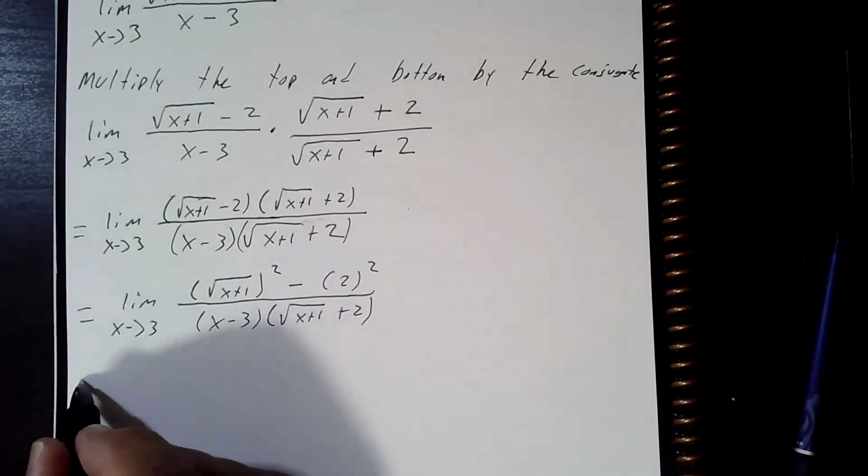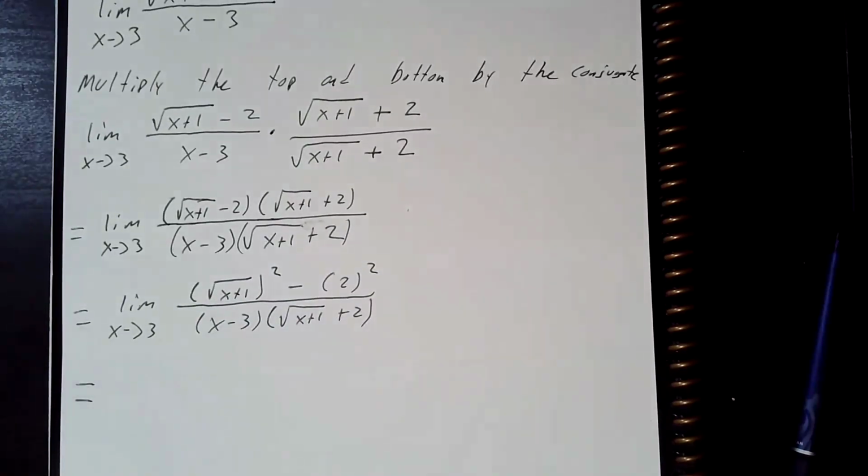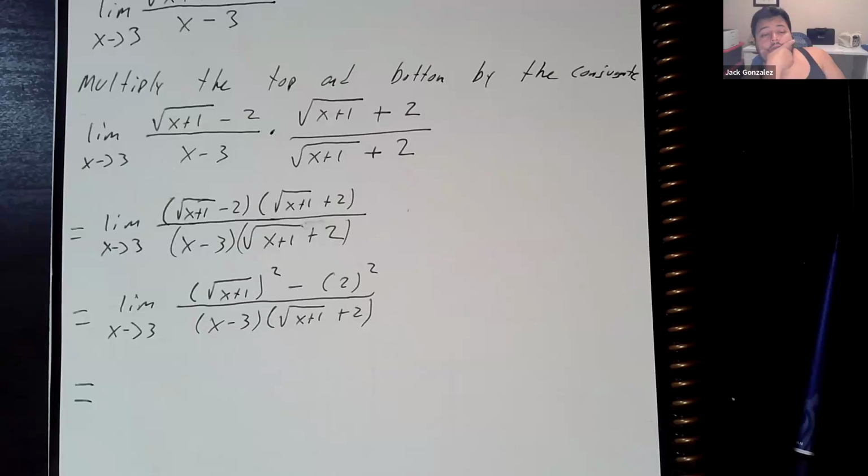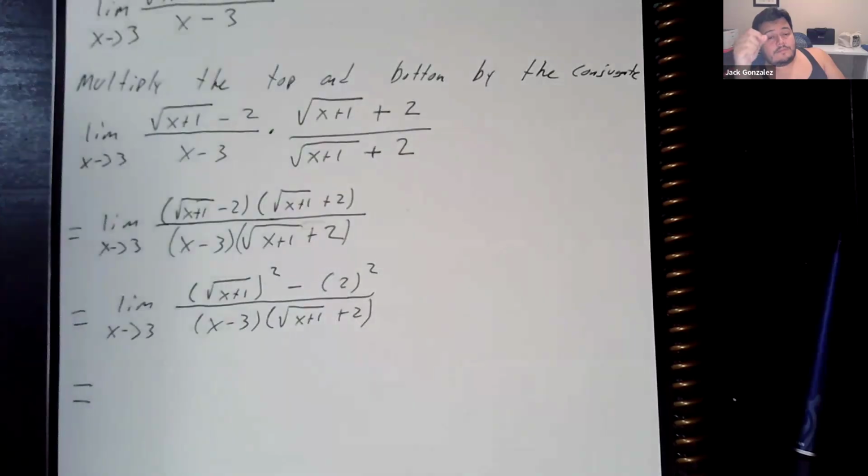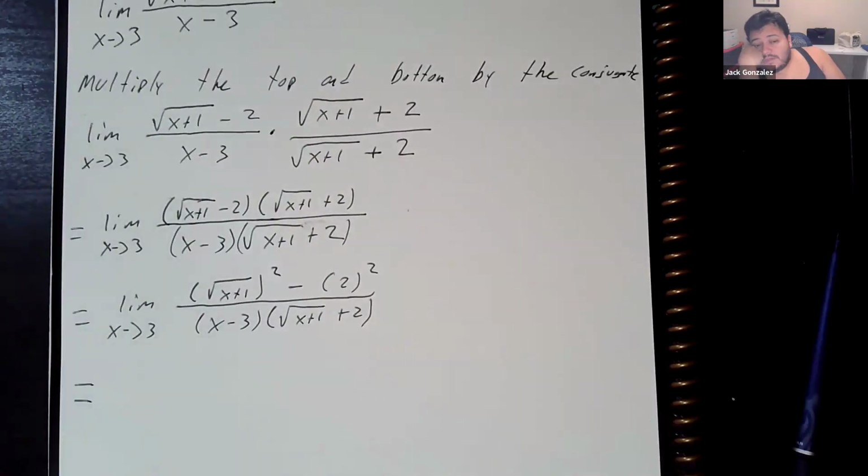What confused me about this problem is that in pre-cal we spent the majority of the course not wanting a radical in the bottom. We wanted to rationalize the denominator, but in this case we do want the radical on the bottom, right? Yeah, you're not wrong. Usually we would do this technique to get rid of the radical on the bottom. Here we're trying to allow ourselves to take the limit.